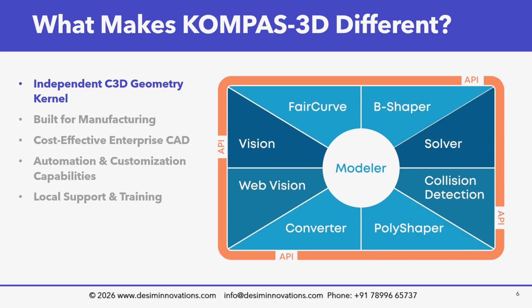If the software company finds a bug or wants to introduce a new feature, they may have to depend on the kernel provider to make certain changes. Now, if we have to add a new feature in Kompas3D, as Ascon owns the C3D kernel themselves, they have much more control over the development process. If they want to add a new feature or improve something, they can work directly without waiting for other third-party kernels to do it.